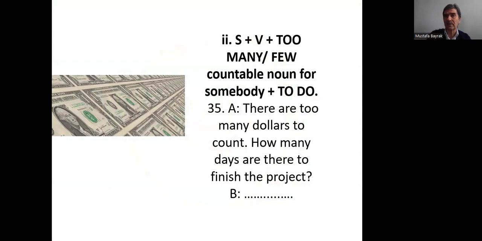And of course, for somebody. There are too many dollars. Yes, money is uncountable, but dollar is countable. There are too many dollars to count. It means that nobody can count them.